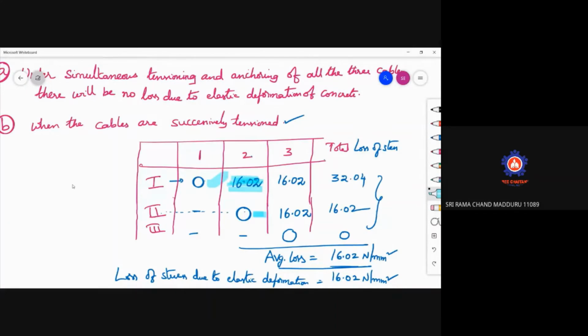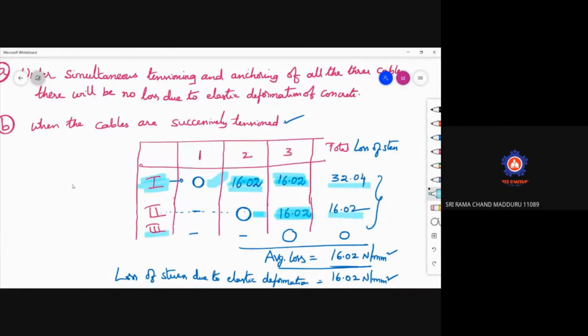But coming to the third one, the loss in the third tendon is 0. Why? Because for the third cable, at the third time, it is 0, but this will give a loss in the previous tendons. So here 16.02, here also 16.02. So when you add everything, the loss of stress in the first cable is 32.04, the loss of stress in the second cable is 16.02, and the loss in the third cable is 0.